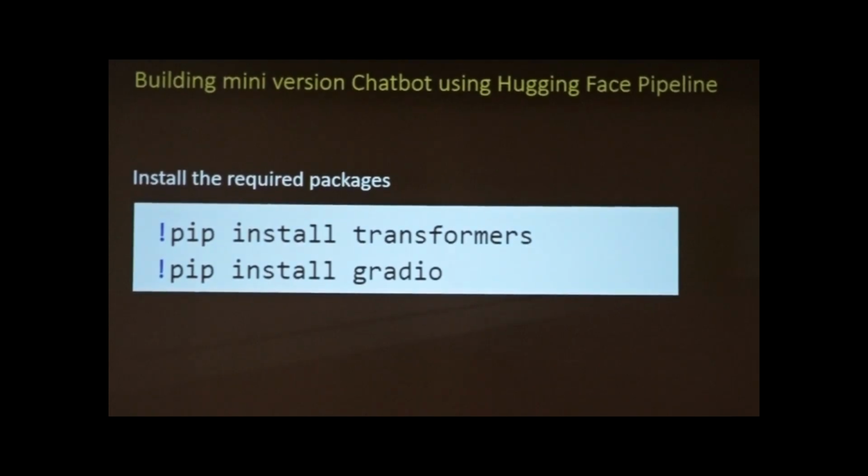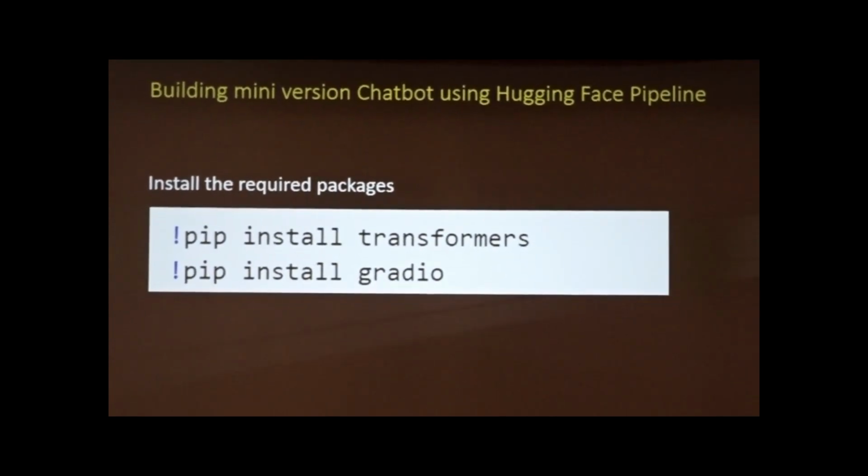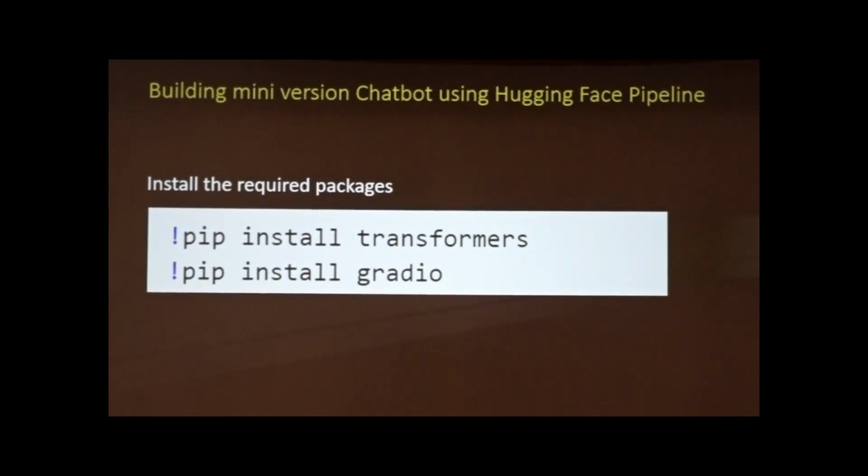First of all, install the required packages. Do it all. Install transformers, pip install Gradio. Gradio is the library that I am going to use for building the user interface for the chatbot.